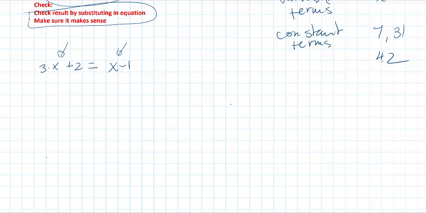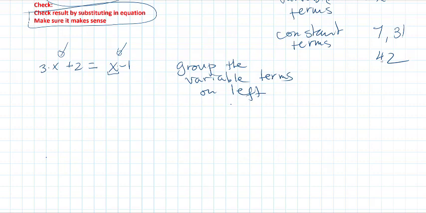So our first step will be to try to move the variable to one side only. Let's try to group the variable terms on the left. Okay, how do we do that? Well, on the right we have x. It's actually plus x, right? We're adding it to the equation.